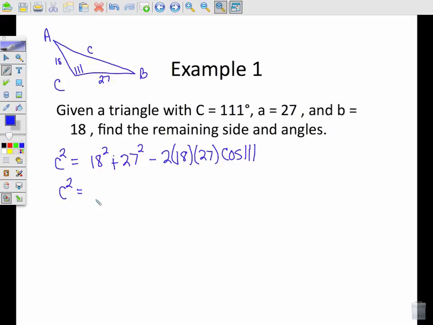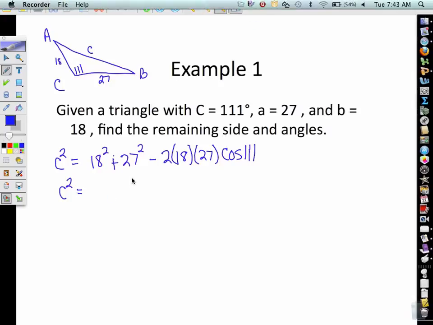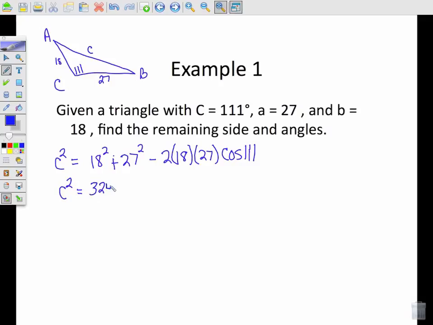So we've got c squared equals 18 squared, and 27 squared is 729, minus 2 times 18 times 27 is 972, times cosine of 111.